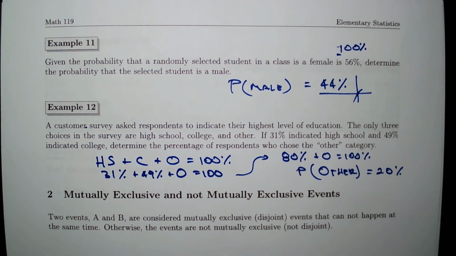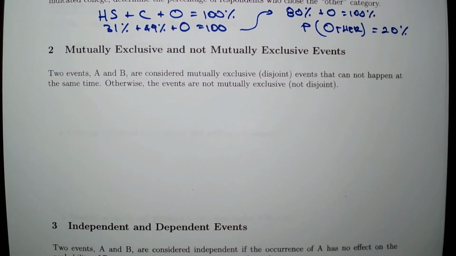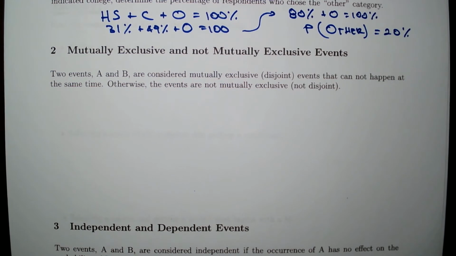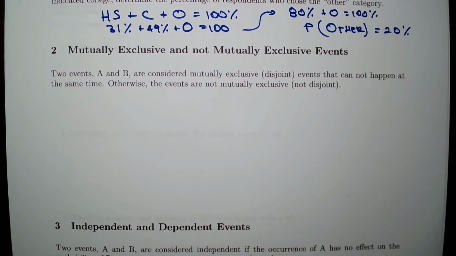Now we need to define mutually exclusive and not mutually exclusive, and then dependent and independent events. Well, these definitions are going to be very, very important later on when we deal with situations with two or more events occurring at the same time.